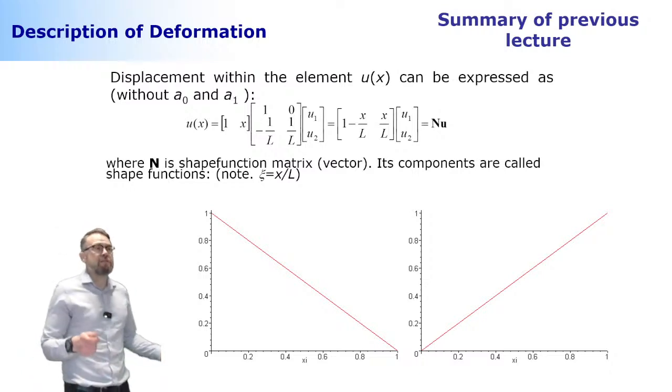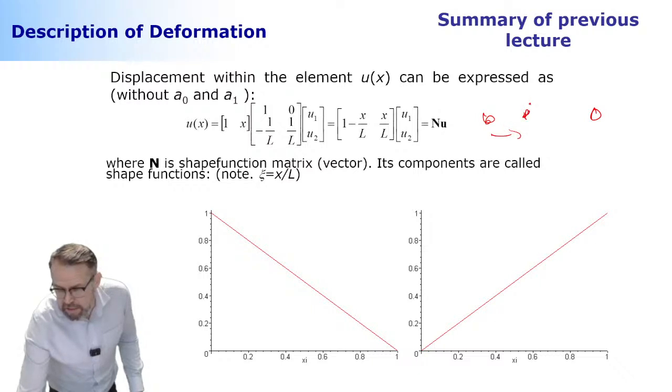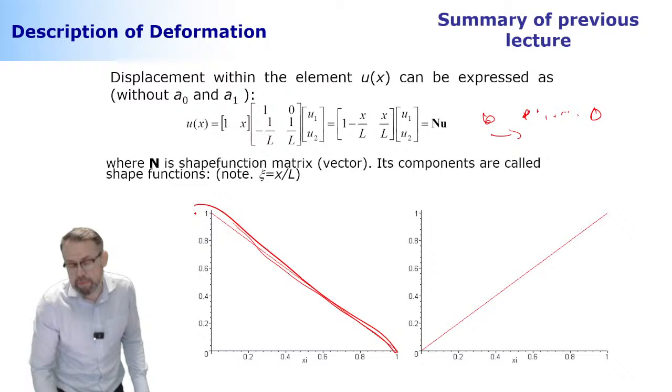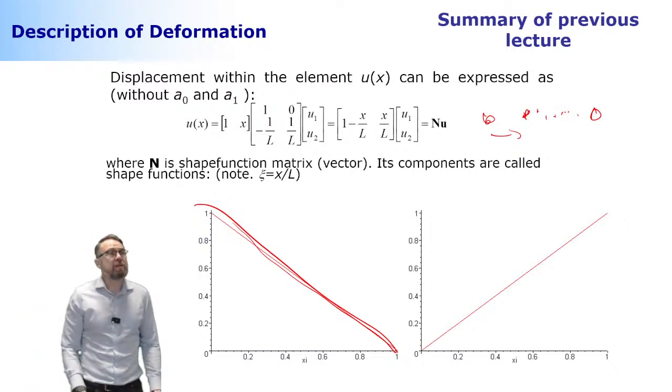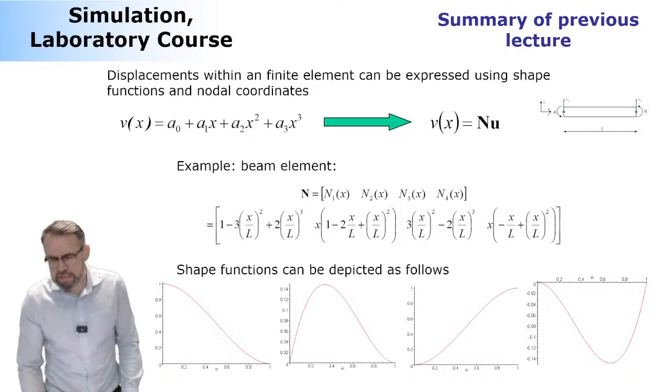So if you, for example, have these two nodes and you move this one here, each of the particles between is going to move using these kinds of lines. So they're moving linearly.